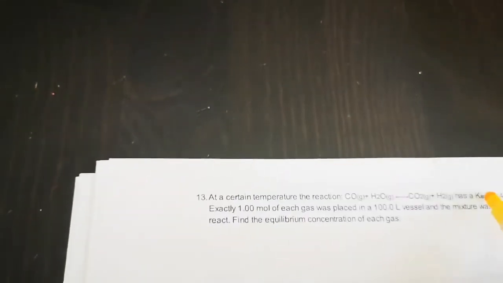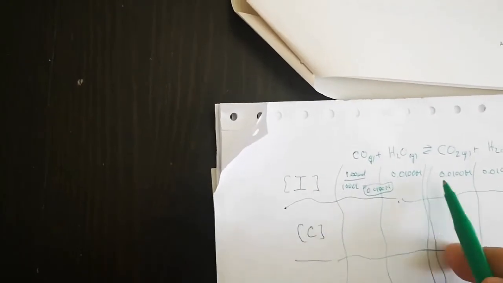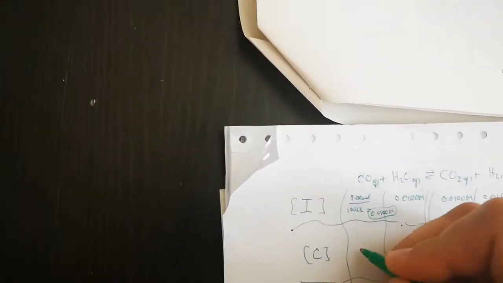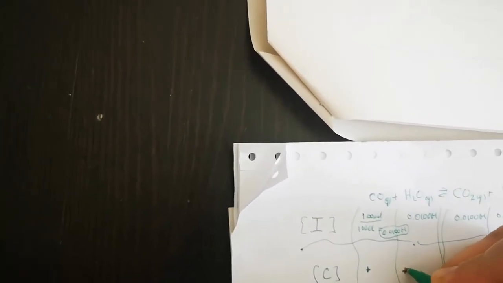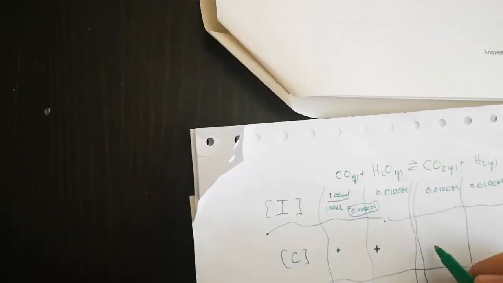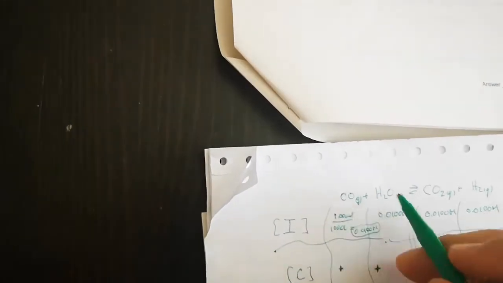But since KEQ is 0.4, the products are not favored. Reactants need to be favored. So these are going to increase, in order for there to be more of them. And our products will have to decrease by some value, X.